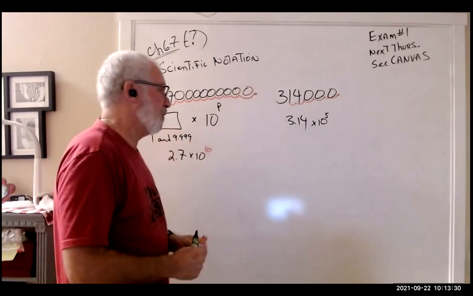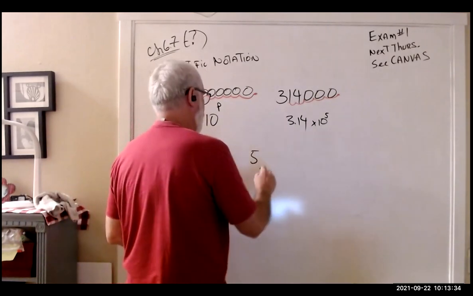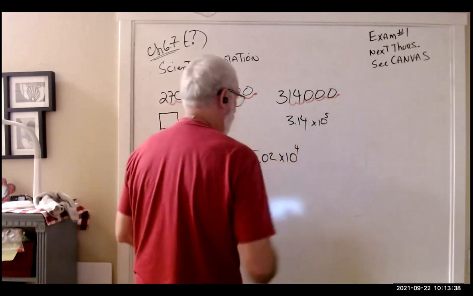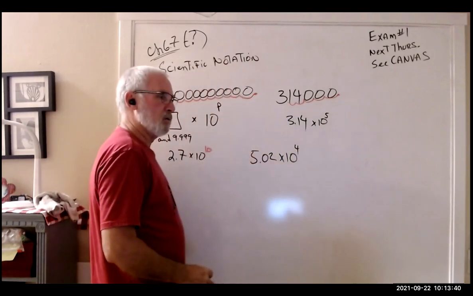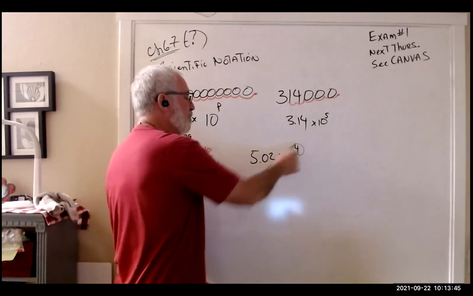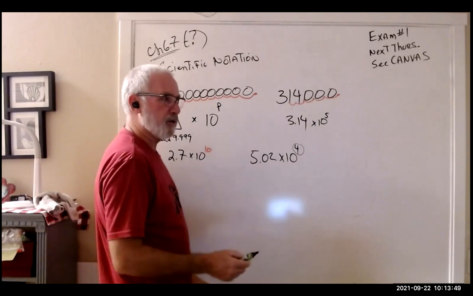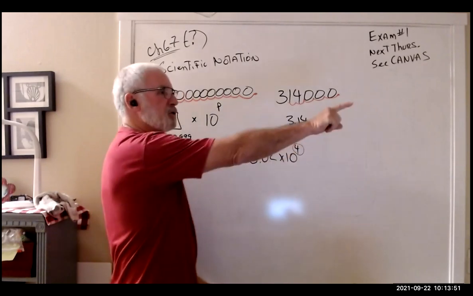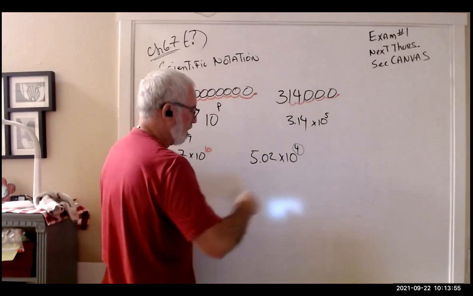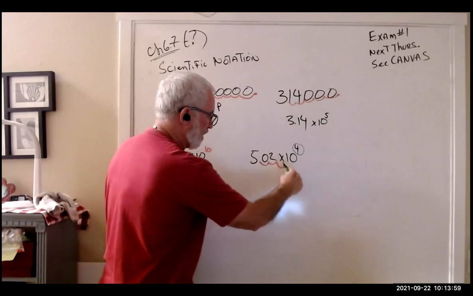Well, what if you want to go backwards? That's easy. What if we had 5.02 times 10 to the 4th power? Well, all you're saying here is I'm going to move my decimal point 4 places to make it bigger. 4 places that way. So we're going to go 1, 2, and then 3, 4.